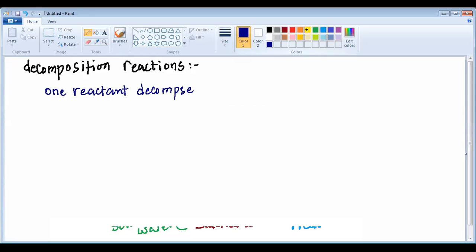Now, how does it decompose? It decomposes due to heat, electricity, or light.